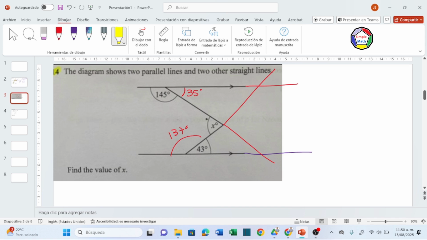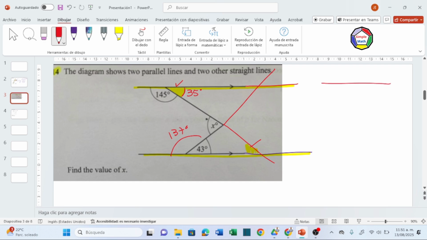All right, so the information says this line is parallel to this line. Okay, let's see what we can determine with those two things. If the yellow lines are parallel, it means this angle, the one I'm coloring with yellow, and this angle, they are interior alternate.